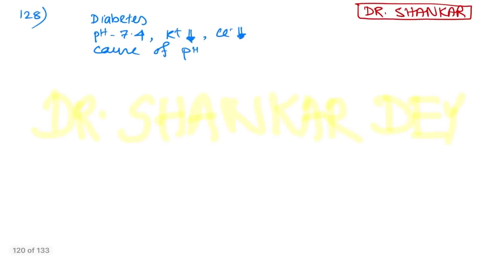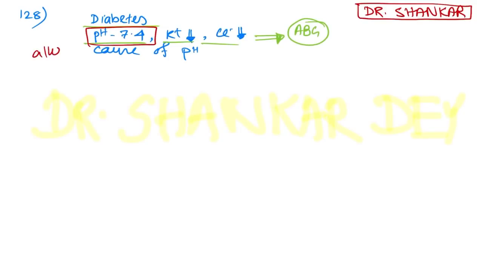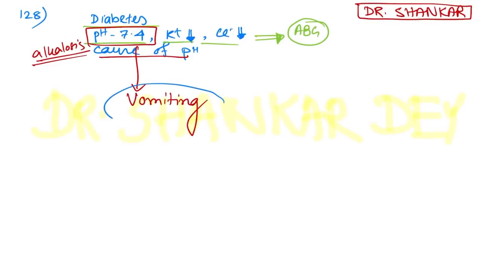Next, question number 128, diabetic patient, pH 7.4. I think I have forgotten the actual ABG, but I remember there was alkalosis. The pH was alkaline. The question asked the cause, and I think one option was multiple episodes of vomiting.